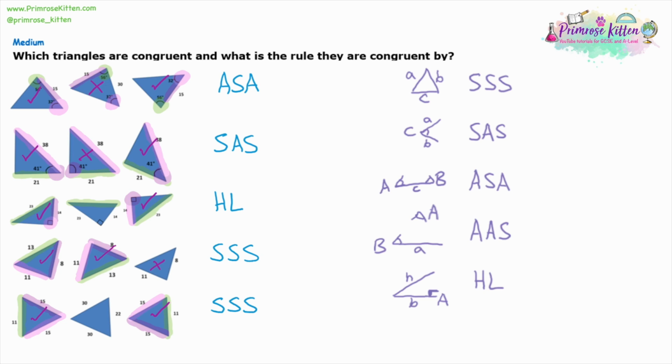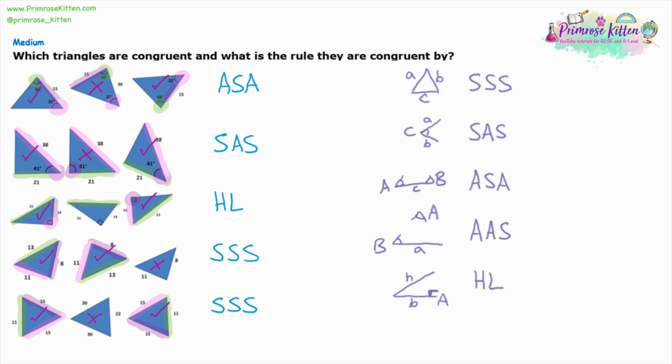Now, what about that middle one? Well, you might have noticed that 30 and 22 are double 15 and 11. What this means is that middle triangle is going to have the same angles because the sides are in the same ratio. So it is the same shape, but it's not congruent because it's not the same size. So actually, that's not congruent, it's similar.